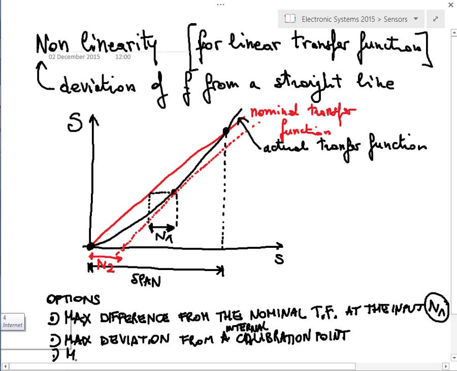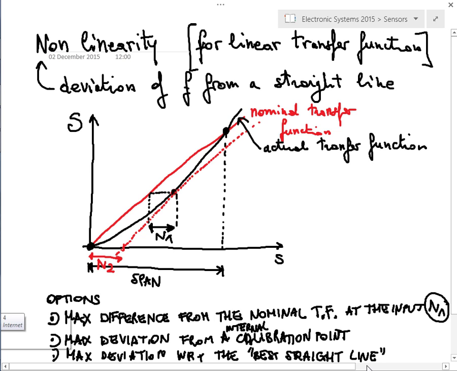Or in some other cases, you see that one defines the max deviation with respect to this. When I write WRT, I mean with respect to the, let's call it, best straight line. I put it between brackets because it is a circular definition.